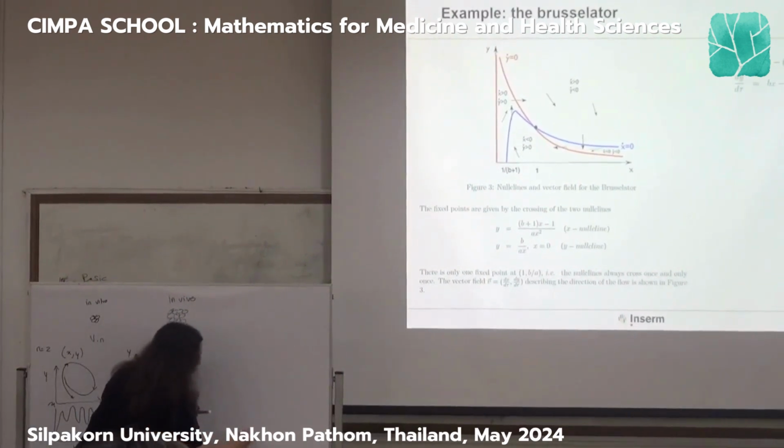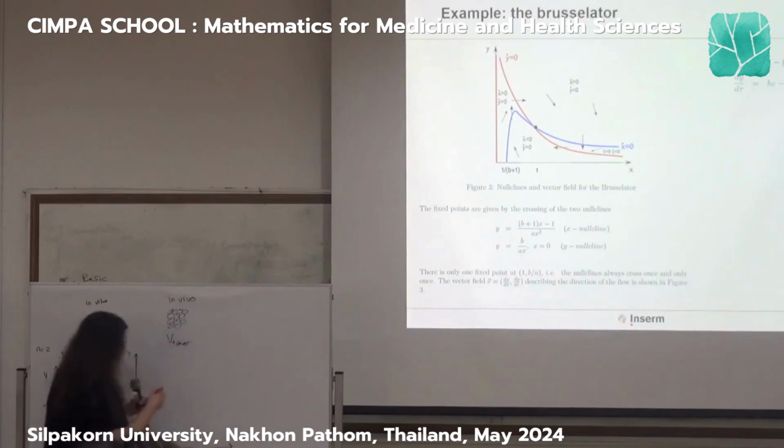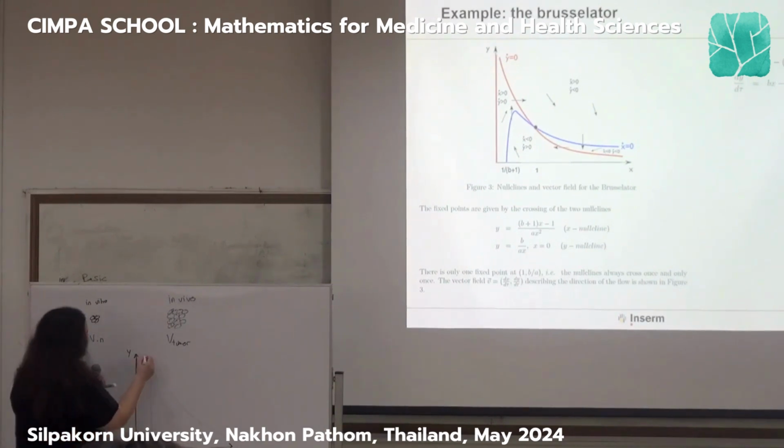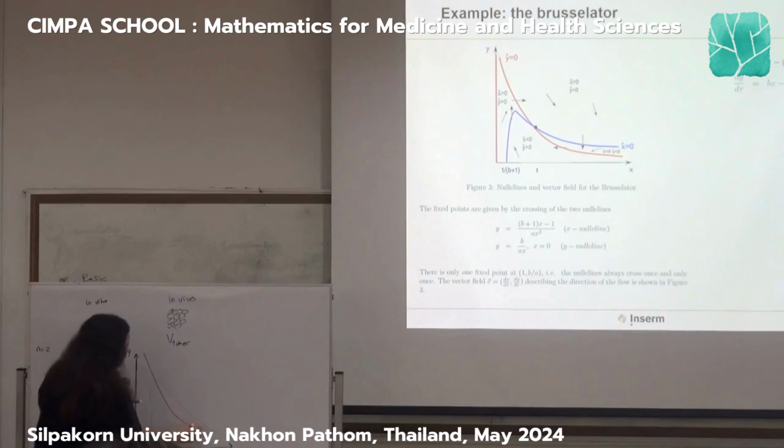On the line, x dot is equal to 0. That's the definition. And then you have the y null lines. So you have actually this, as well as that.